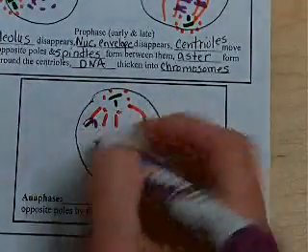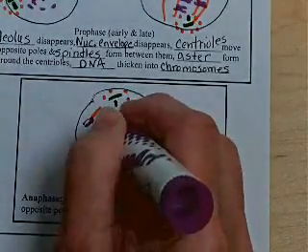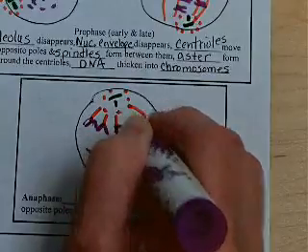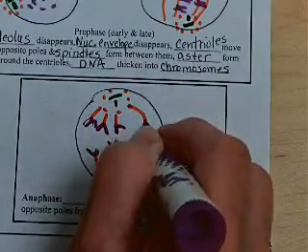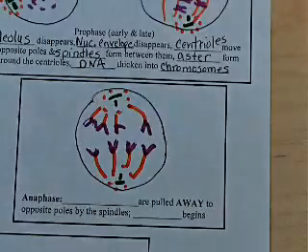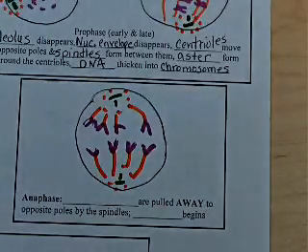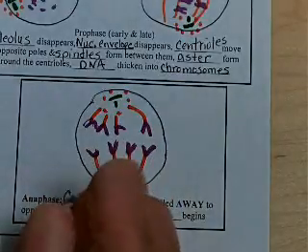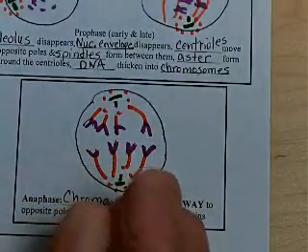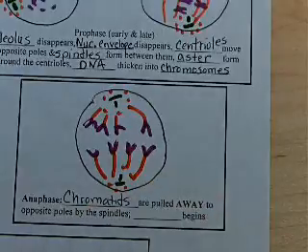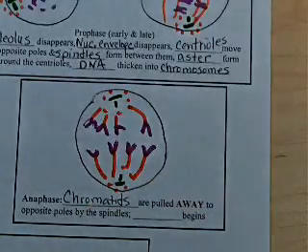Remember, we had kind of an X, and now we have just half of the X going to each side. So in anaphase, we can say that the sister chromatids are being pulled away. So chromatids are pulled away to opposite poles in anaphase.